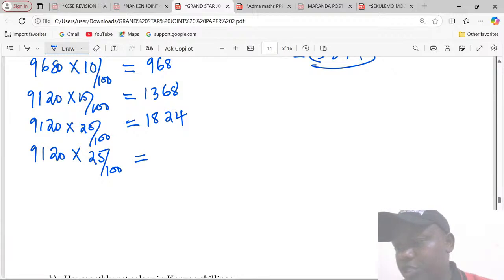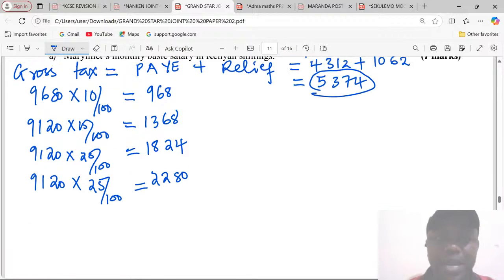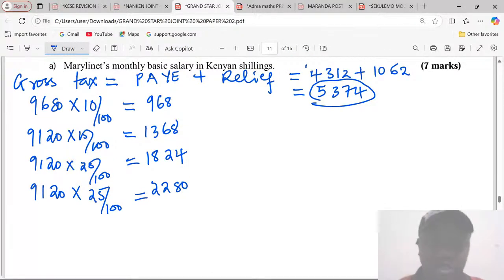And this will be 2280. Now let's see the total tax. When I add 968, and 1368 together with the 1824, all this tax is going beyond what we have.